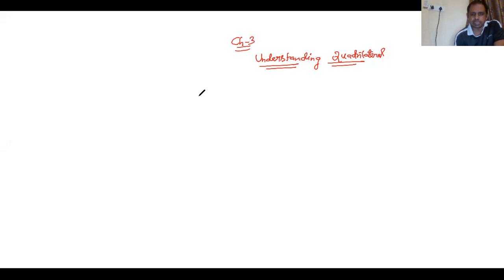We can classify quadrilateral as a parallelogram, kite, and trapezium.